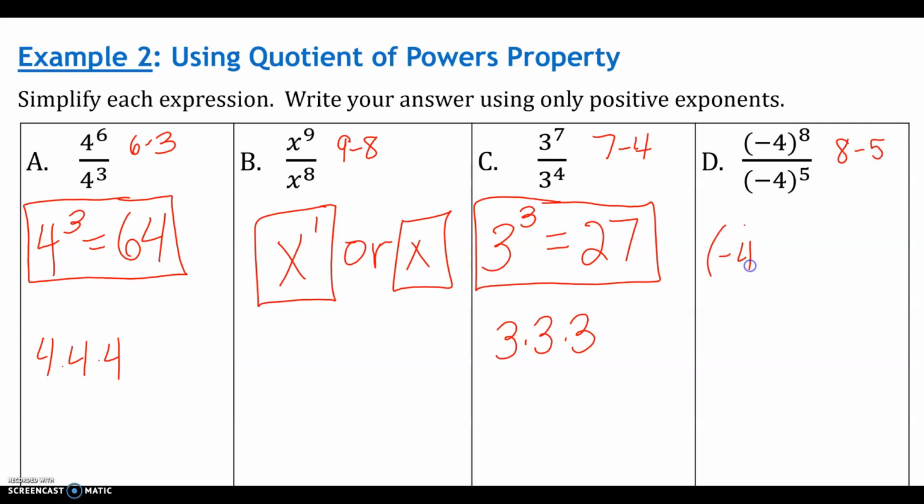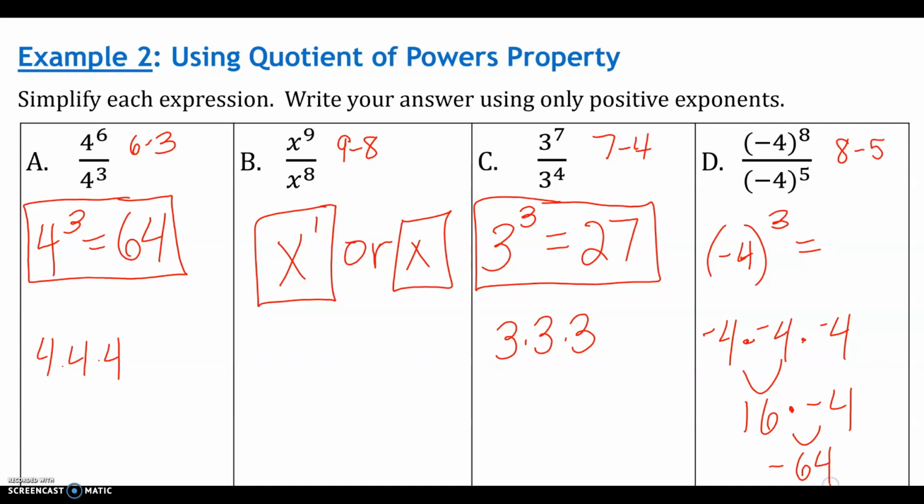And we're going to get negative 4 cubed. Now, just like we did before, that's negative 4 times negative 4 times negative 4. So if you do negative times negative, you're going to get a positive 16 times a negative 4. So your answer will be a negative. And it's going to be a negative 64. So this is what I would like to see boxed.